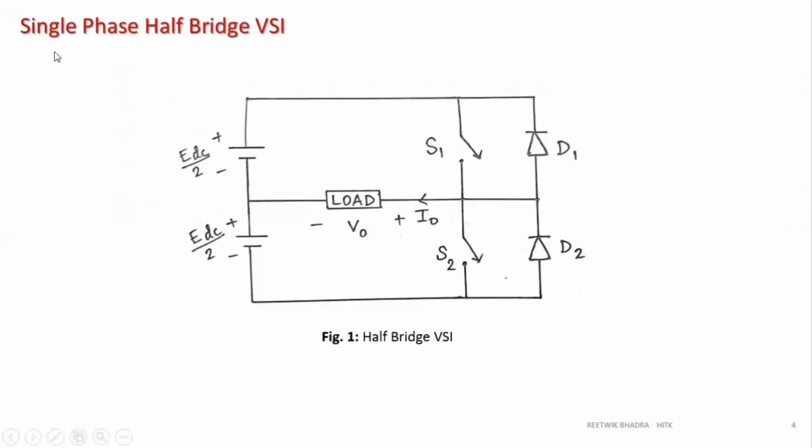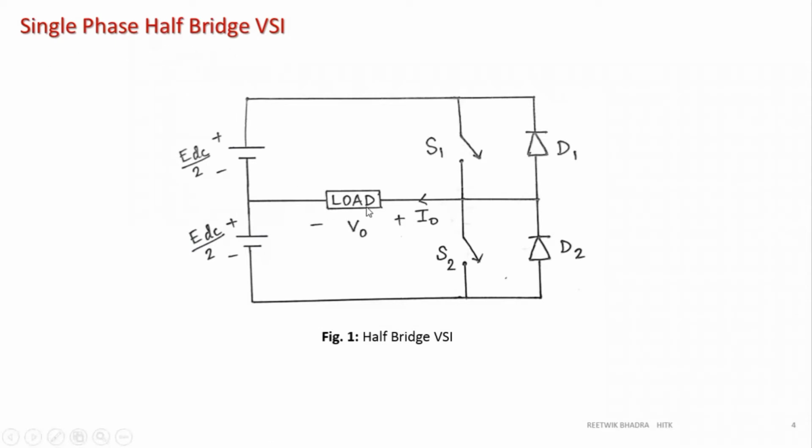Now, why single phase? Because at the output we have AC, DC to AC. So across this load, we will get this V0 to be an AC voltage. AC voltage can be two types: single phase or three phase. First, we are studying single phase half bridge VSI.